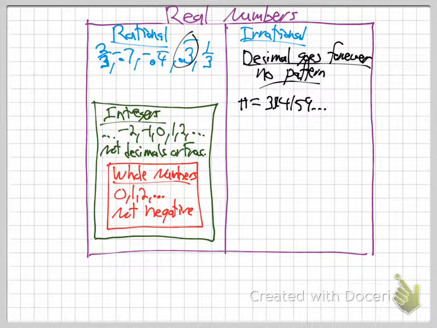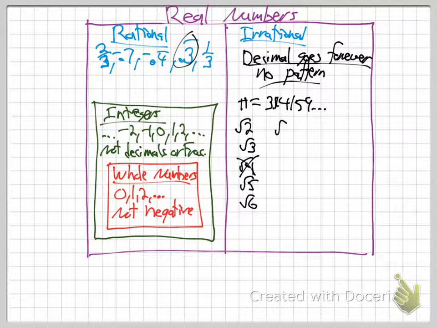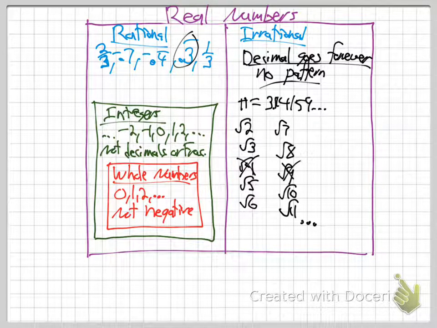Or square root of 2, square root of 3. Basically all the square roots, except not square root of 4, because that's just 2. Square root of 5, 6, 7, 8. Not square root of 9, that's just 3. Square root of 10, 11, etc. If you check them on your calculator, they'll end up being decimals that go forever with no pattern. So that's a map of the number system and how it all works.